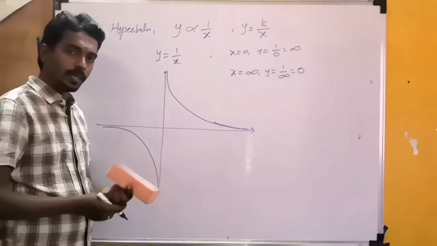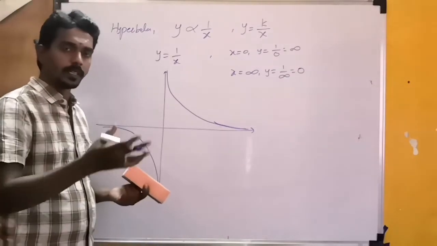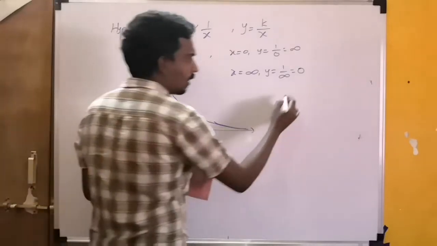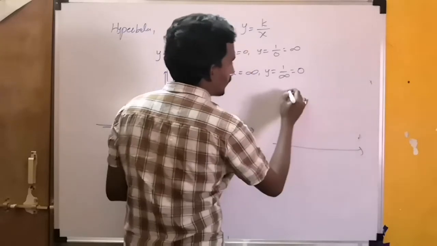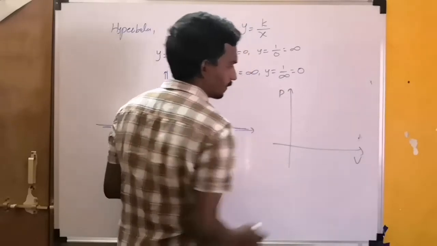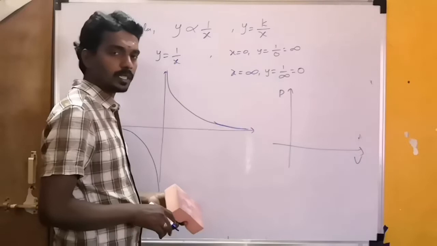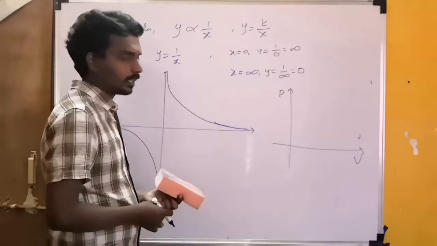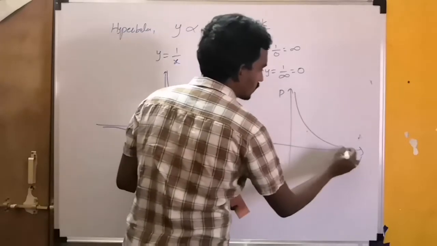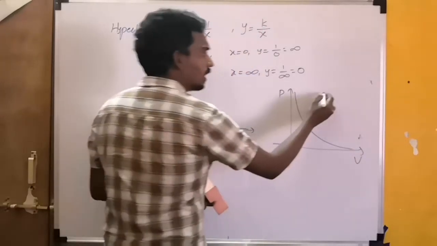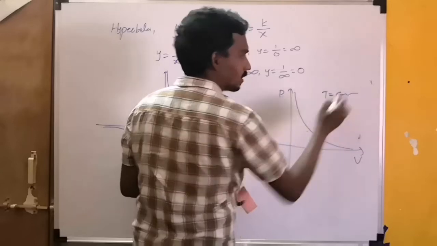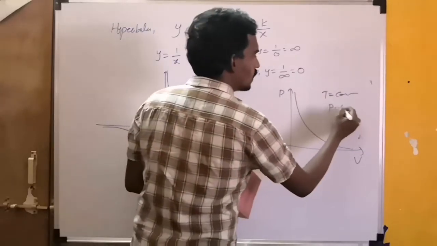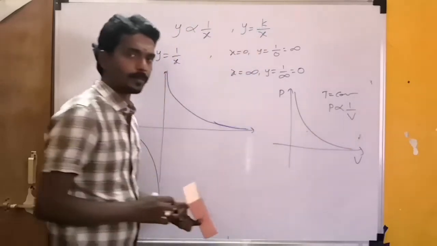Like in thermodynamics, one chapter is there, in physics, also in chemistry. There one graph will come between pressure and volume in a particular situation, under the condition of constant temperature. The graph looks like this because under constant temperature for an ideal gas, pressure is inversely proportional to volume.